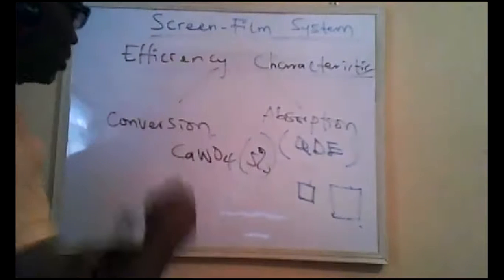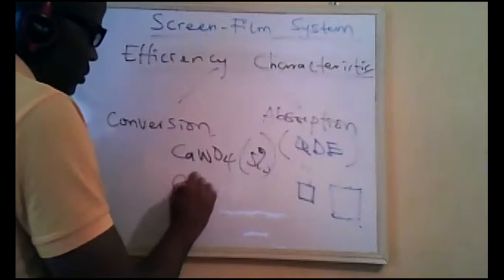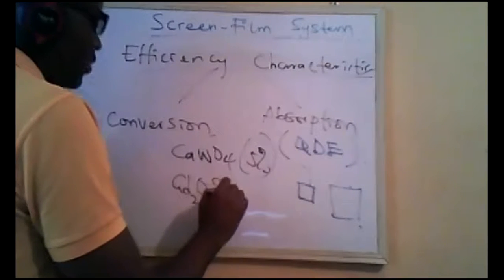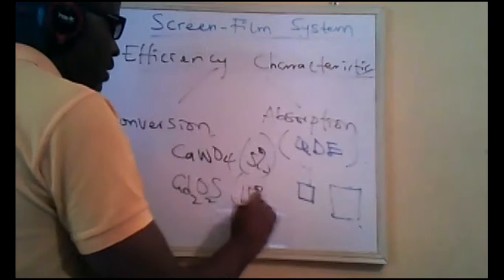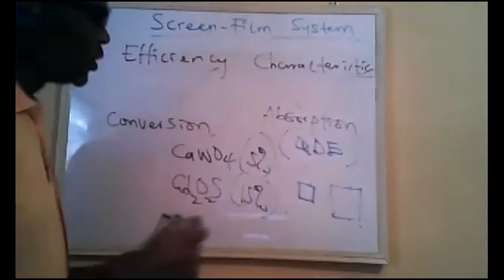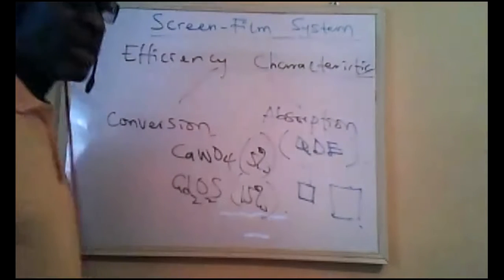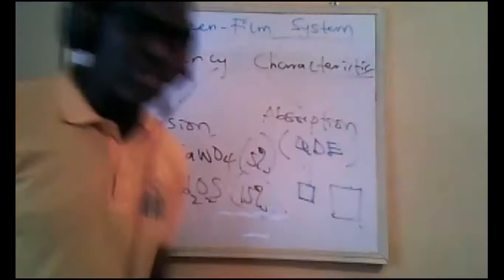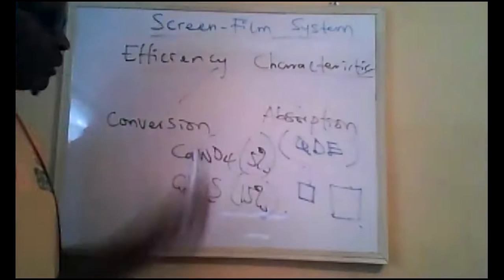But for gadolinium oxysulfide, it is 15%. So it is a 300% increase from calcium tungstate.